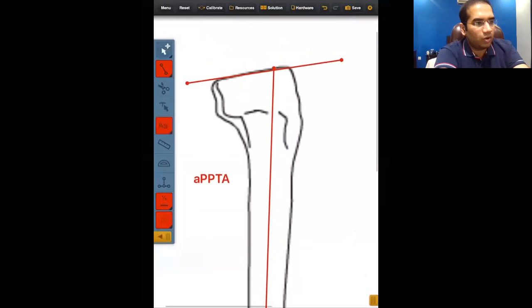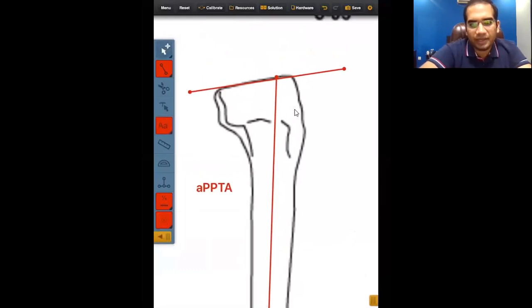Or if we want to take the front angle, it will be anatomical anterior proximal tibial angle, because as a rule, we always take the acute angle, less than 90 degrees, as our reference angle.